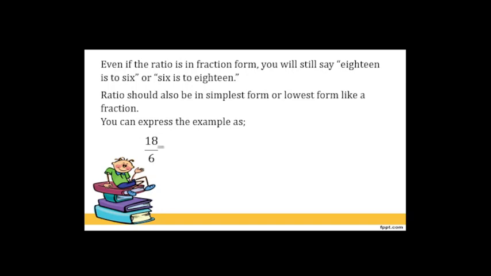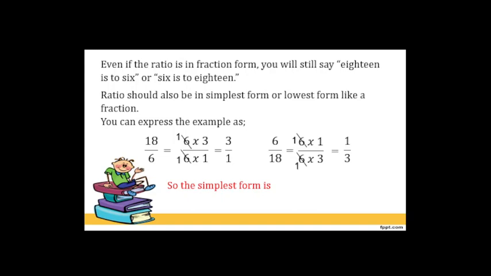So that is equal to 3 over 1, because when you factor 18, it is 6 times 3, so you can cancel 6 and 6. Again, 6 over 18 in simplest form: factor it and then cancel 6 and 6, so that is equal to 1/3.